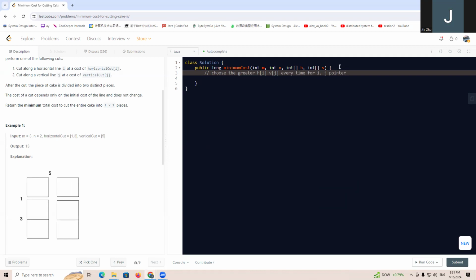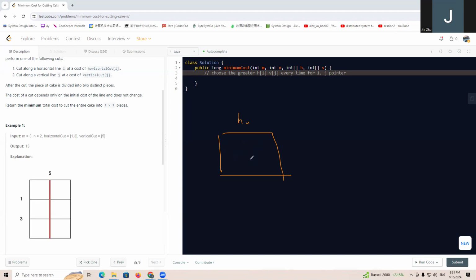To prove the correctness of this, we can use mathematical induction, right? For example, at the initial cut, we have whatever h[0] and v[0], right?